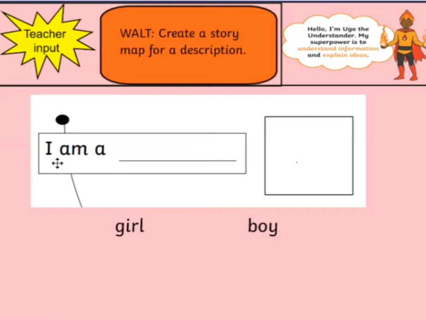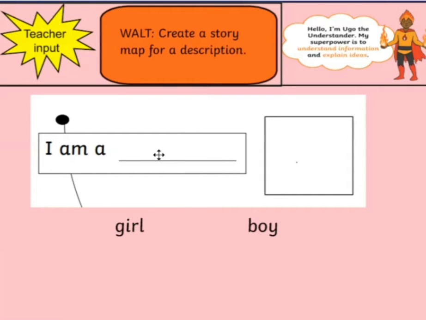We want to think about the capital letter, finger spacing, the correct spelling of simple words, and a full stop at the very end. Okay? And also, as I said, the correct spelling. If you're a girl, if you're a boy. At this point, we want to keep it very small, but focus on capital letter, finger spaces, and full stops.